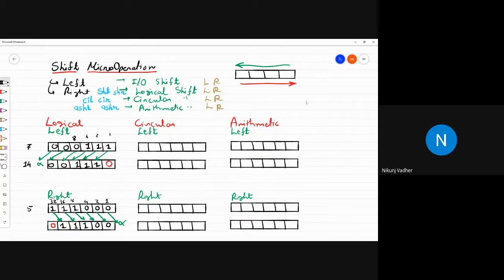This is 56. After shift right, what will happen? 4 plus 8, 12. 12 plus 16, 28. So in shift right, the number will be divided by 2, and in shift left, in many cases, the number will be multiplied by 2.